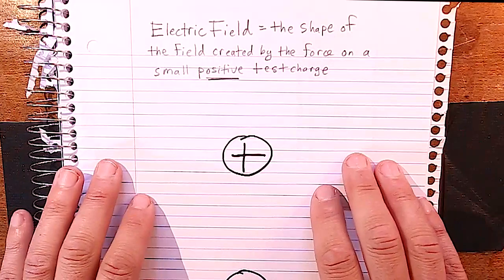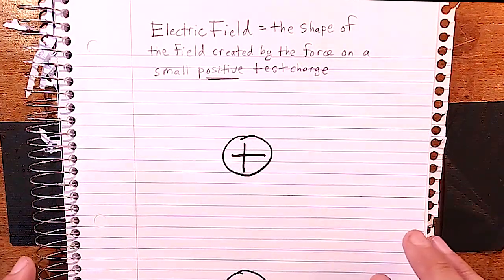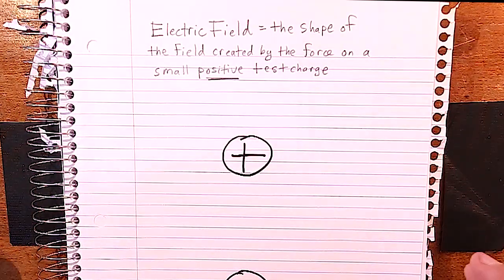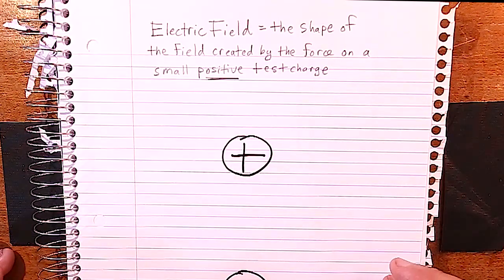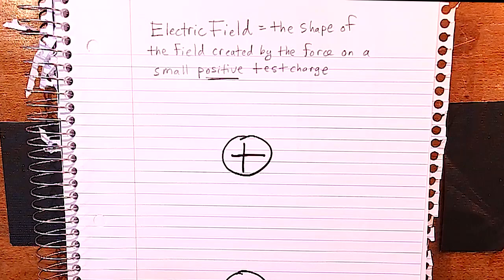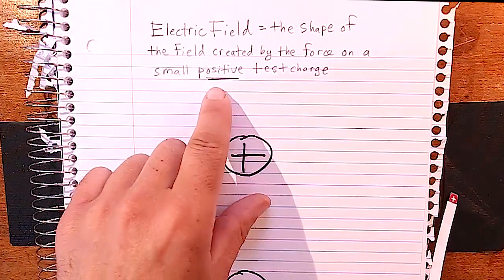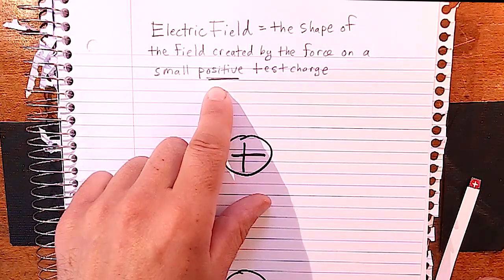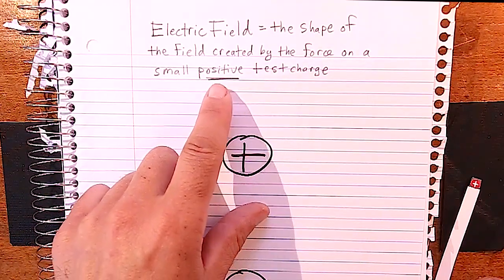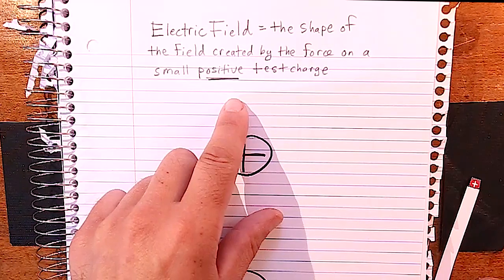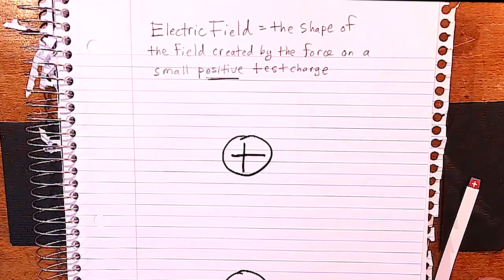So when we dealt with mass, there was no plus, there was no minus. So mass always attracts towards other masses. But when we define an electric field, it only depends on what the force is on a positive test charge. It has to be small because we don't want the thing that's measuring the field to disrupt the field itself.